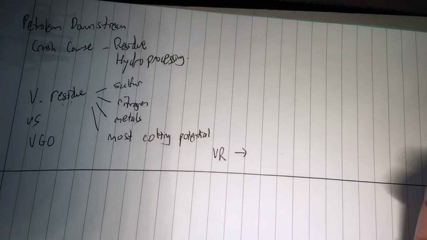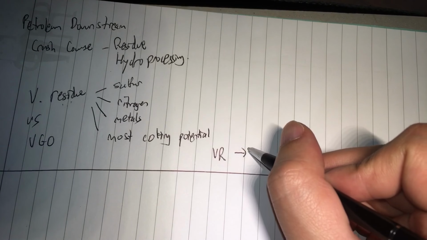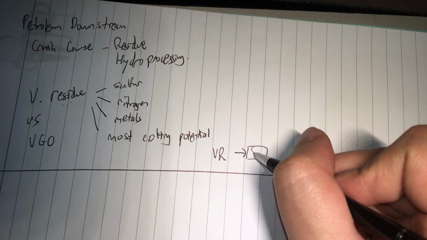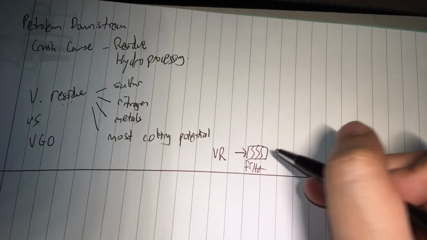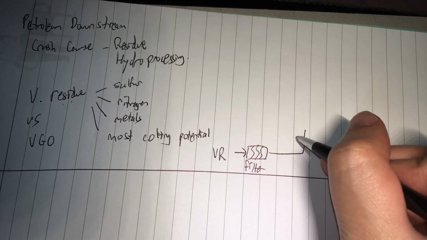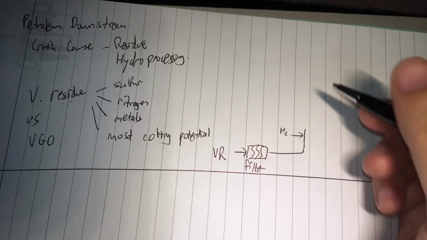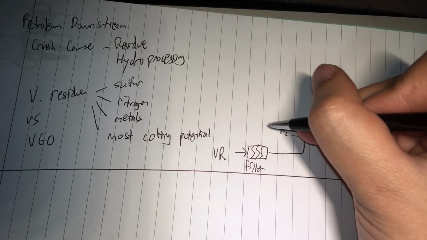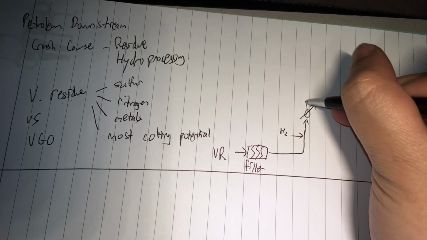This is the bottom of the bottom, so all the dirt and everything will be concentrated there. So maybe you want to filter out some of the dirt. And then you add some hydrogen. Maybe you mix it through a heater.